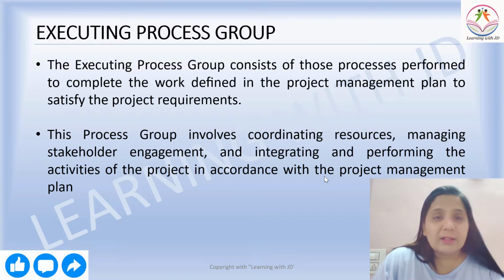Now you have created how scope will be defined, and here is where the scope work has to begin. The work has to actually begin, to complete what? To satisfy the project requirements, which are defined where? In the project management plan.